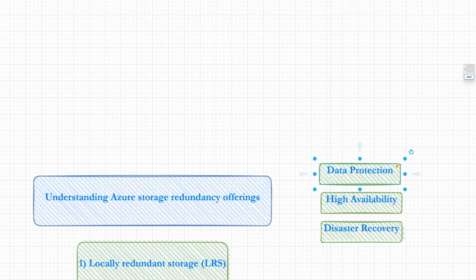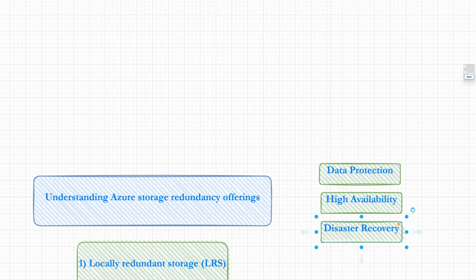So data protection is the main key purpose for this redundancy offering. Then the next one would be high availability. By replicating the data, redundancy ensures that your applications can access the data with minimal downtime even during disruptions. So high availability is the second most important factor.